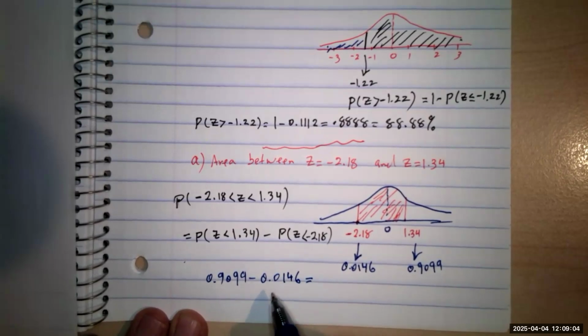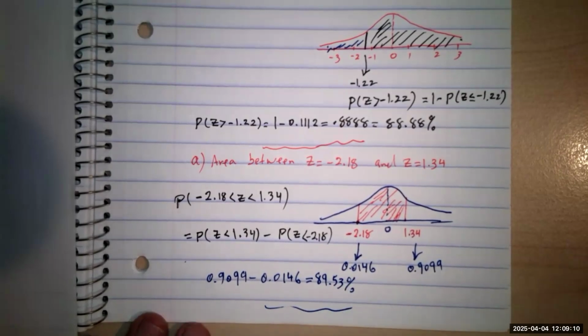If you subtract, that gives you 89.53%. Of course, it takes time, but it's nice to know how it happens because you are going to use it in the future. So this is the area in between.